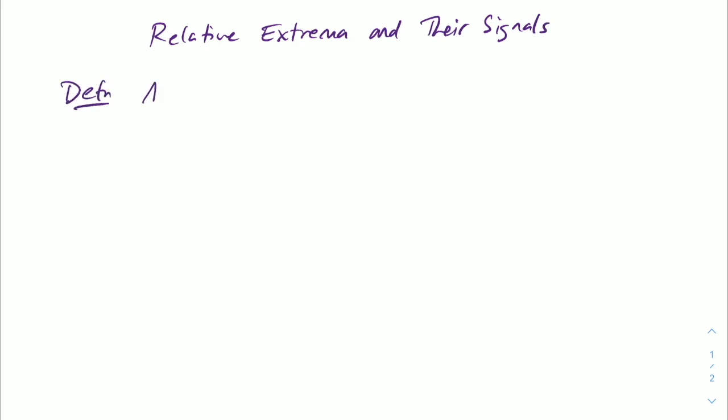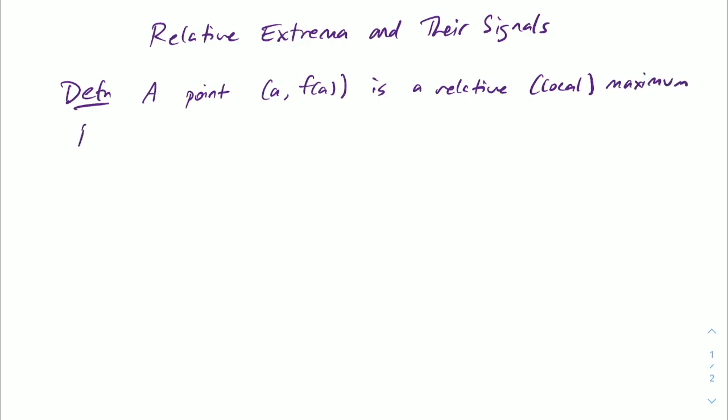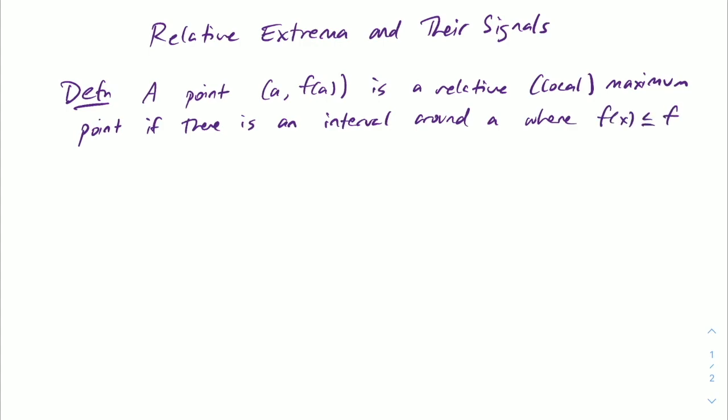A point A, f of A, is a relative, also called local, maximum point if there is an interval around A where f of x is less than or equal to f of A for all the x in that interval.